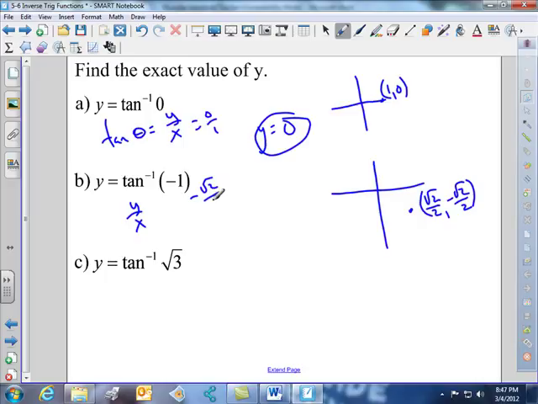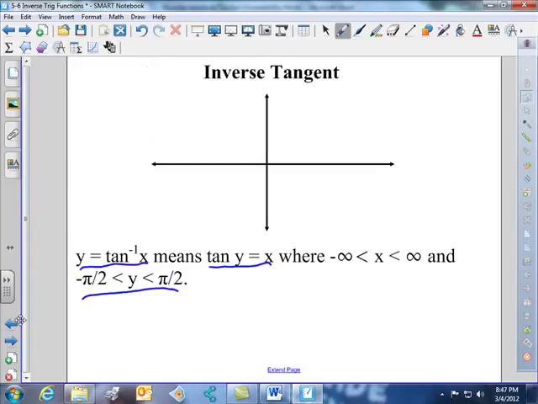Let me just write that out. Negative radical 2 over 2, that's the y value. The x value is radical 2 over 2. And that ratio is equal to negative 1. The angle that is there is 7 pi over 4. Okay, however, we had a restriction back here that the angle has to be between negative pi over 2 and pi over 2.